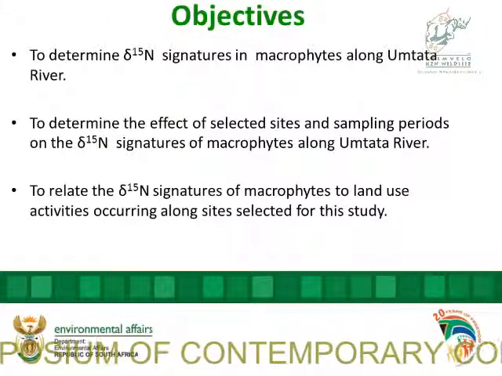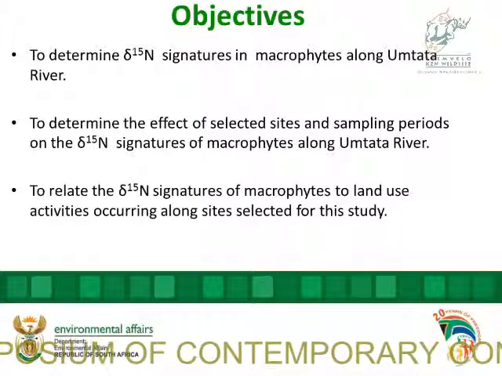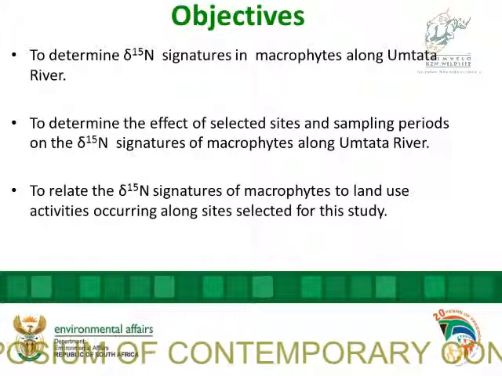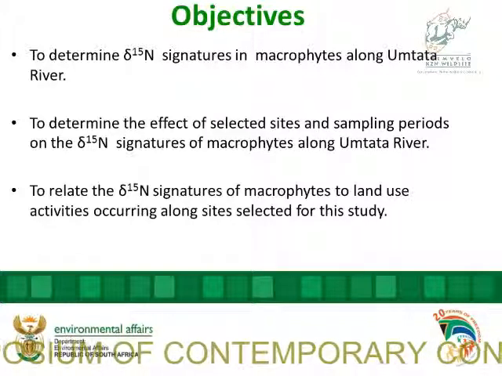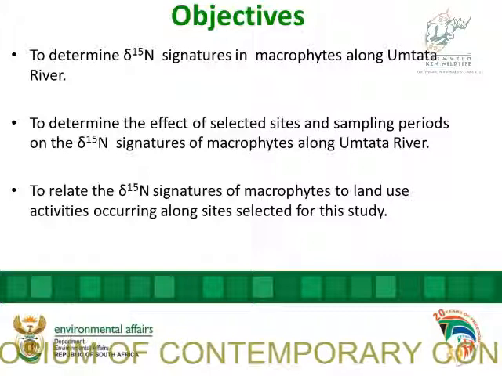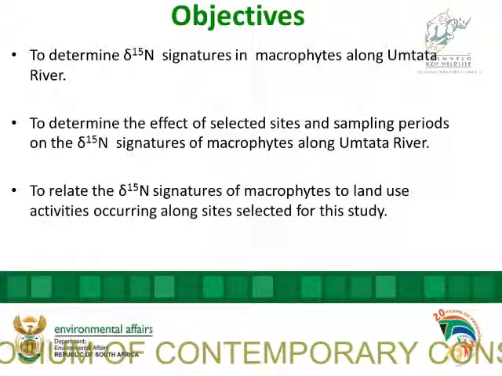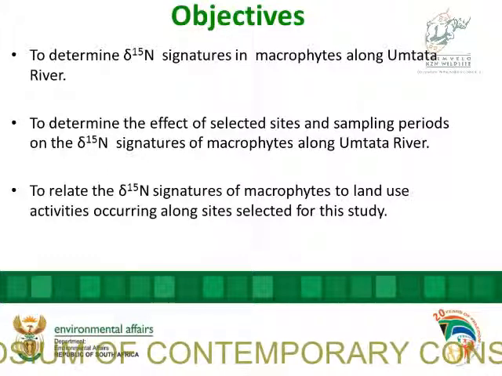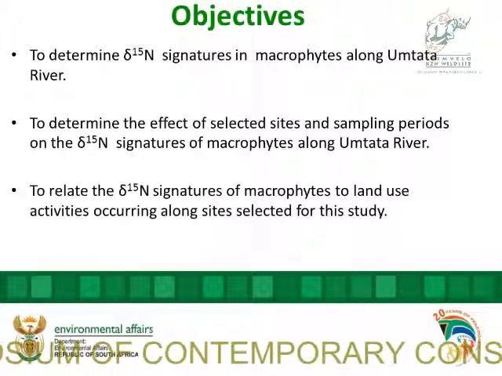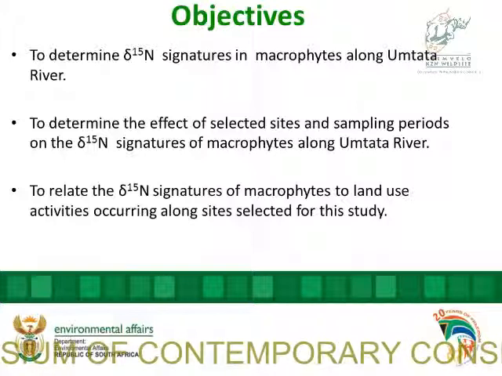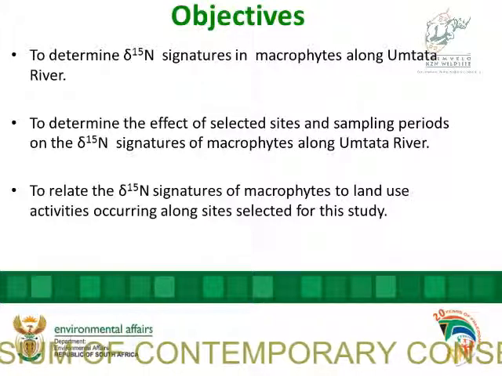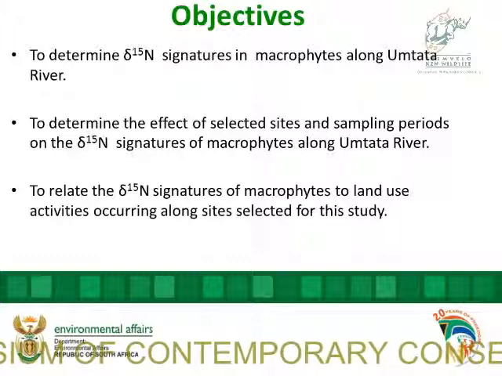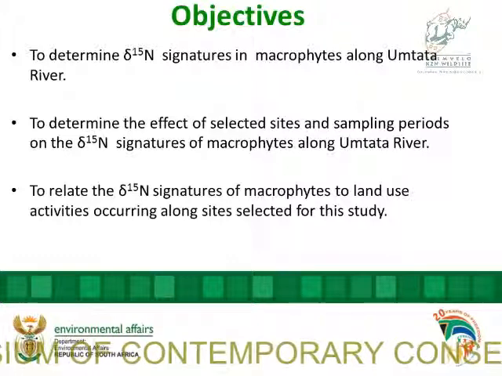Because the system was found by Fatoki et al. in 2001 to be a polluted system, we couldn't rely on heavy metals because most of these metals are not biodegradable. So they are not required by these living organisms. So we wanted to use an element that is required by these organisms, and the element that can tell us the amount and concentrations of essential elements within the system.